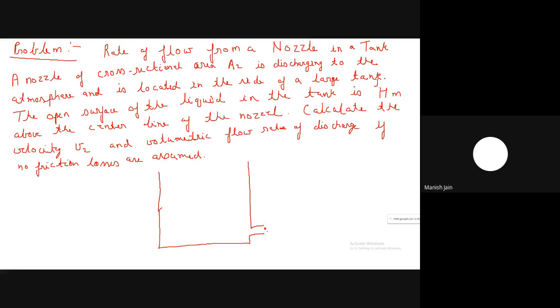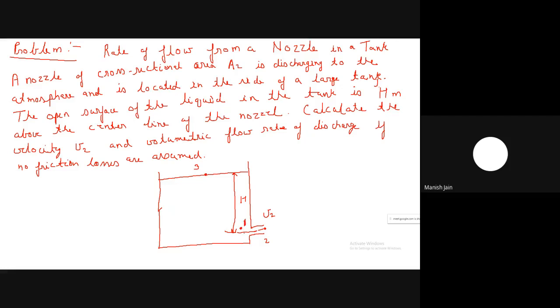This is the point number 2, so velocity at this point is v2. You have to calculate the velocity v2. From this point to the top surface of the liquid is h, so this distance is capital H. Suppose this point is 3 and this point is 1, inside the nozzle, the point in the liquid is 1.